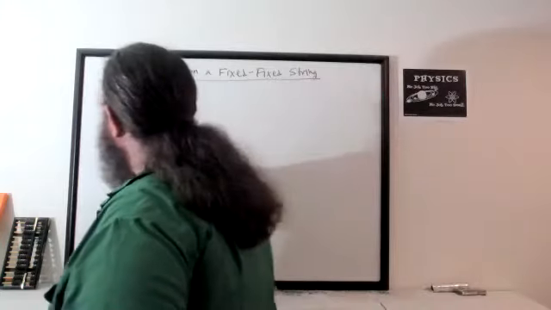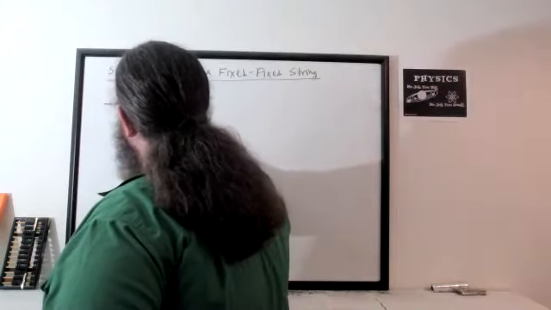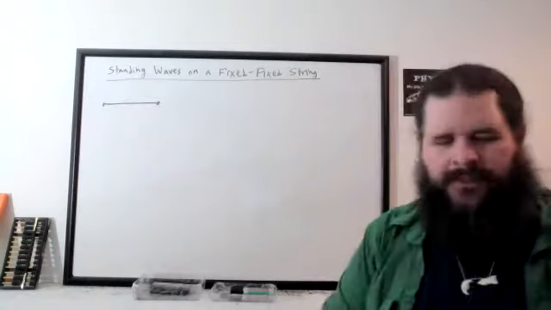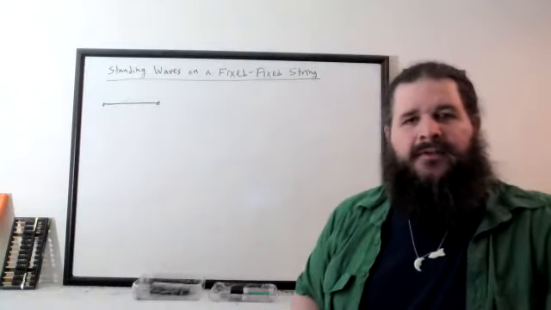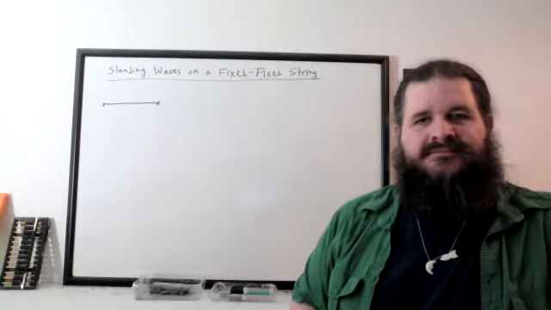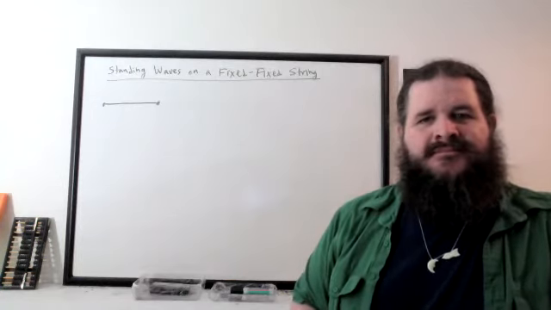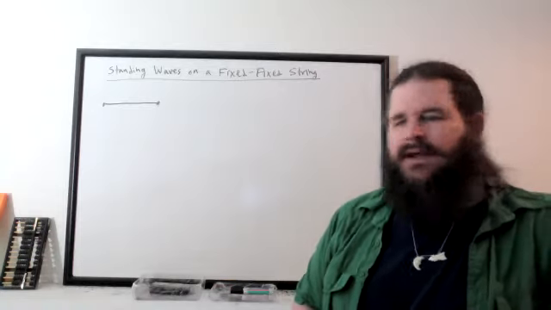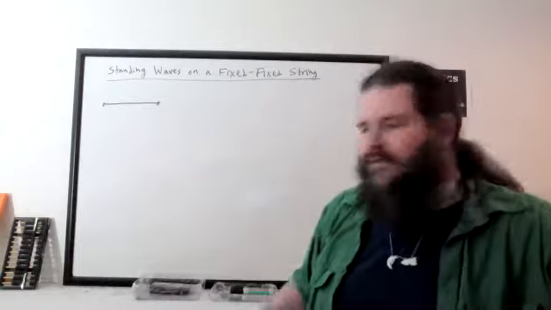If you've got a string that's fixed in place on both ends, so those ends cannot move, what's the only type of interference that could be happening on the ends? Destructive? Right. The endpoints have to be destructive interference.